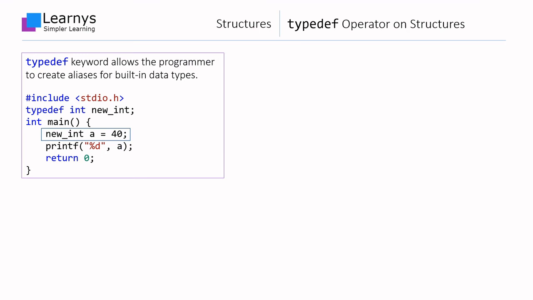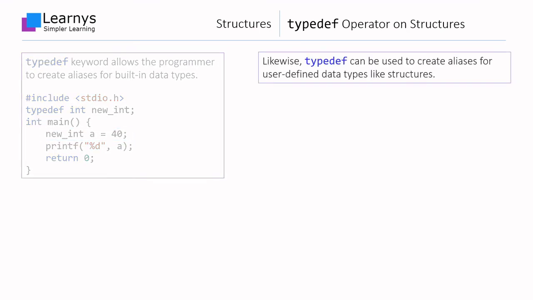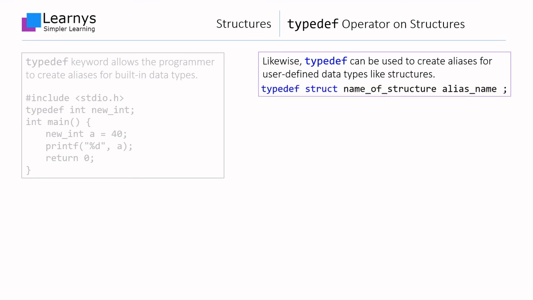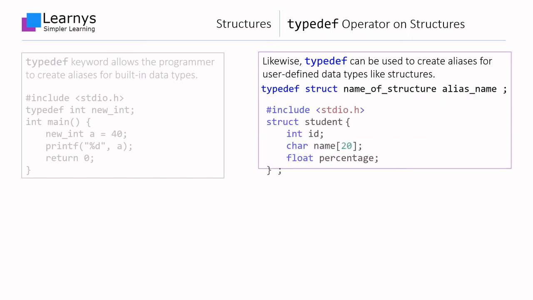Likewise, typedef can be used to create aliases for user-defined data types like structures. To create the aliases for structures, the following syntax needs to be followed. This can be seen from the example where we create a structure student to store ID, name and percentage.